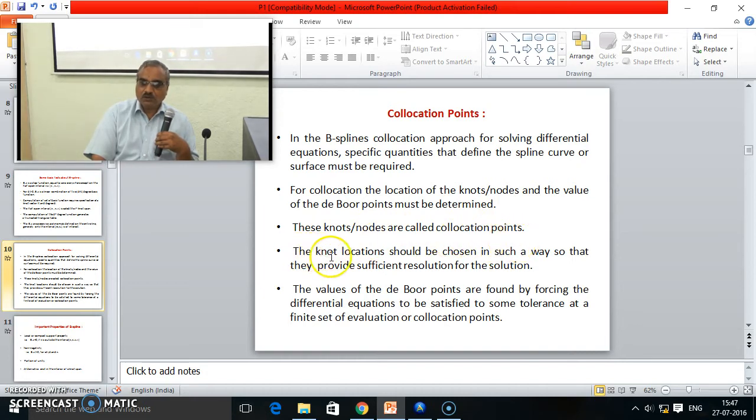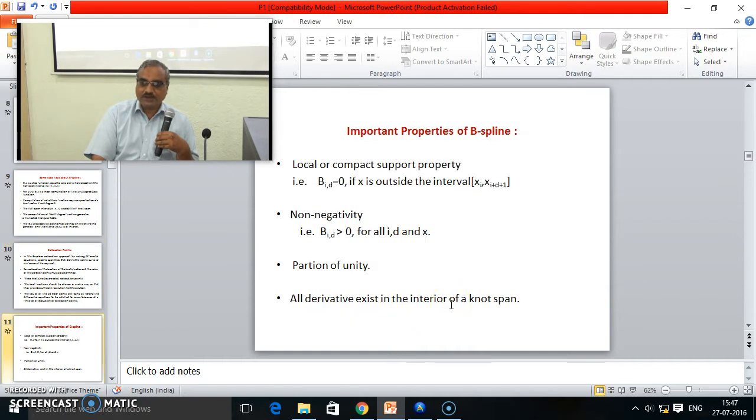The node locations should be chosen in such a way that they provide sufficient resolution for the solution. The values of the De Boor points are found by forcing the differential equation to be satisfied to some tolerance at the finite set of evaluation or collocation points.